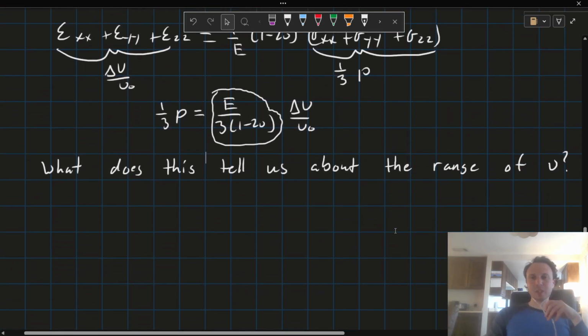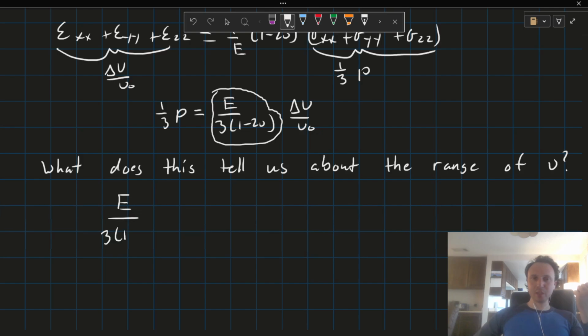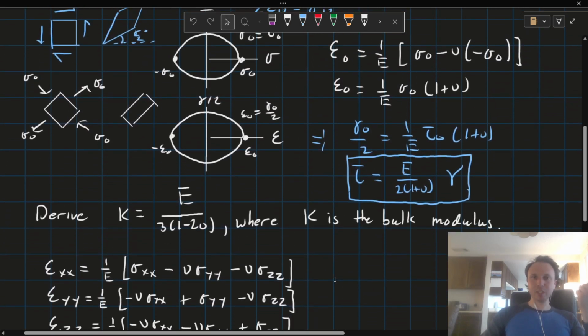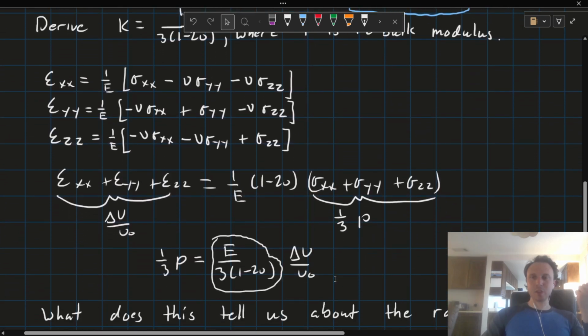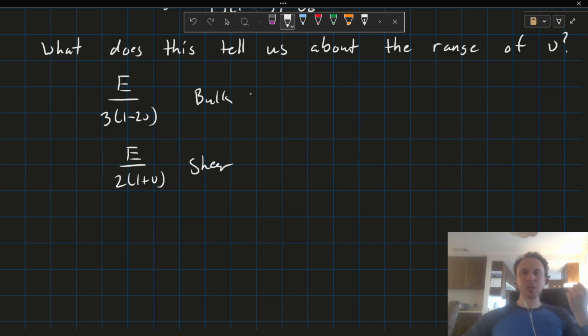And now this last one is, what does this tell us about the range of nu? So remember, we have these two things. We have E over 3, 1 minus 2 nu from the bulk. And we have up here E over 2 times 1 plus nu from the shear. And we know that the bulk modulus and the shear modulus both have to be positive.